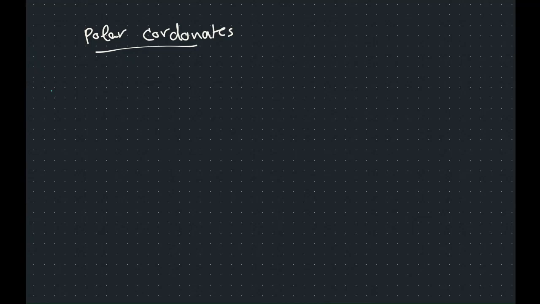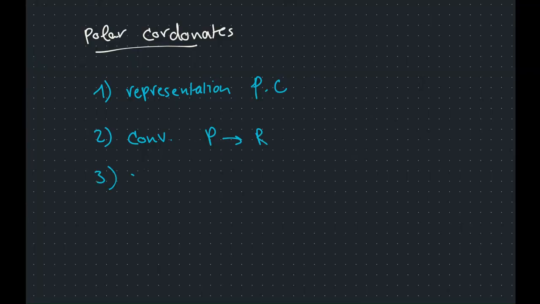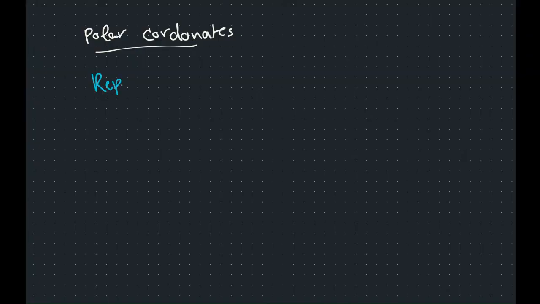And the main topics that we'll explain will be, first of all, the representation of polar coordinates, and second of all, converting from polar coordinates all the way to rectangular, and then third thing, converting rectangular into polar.